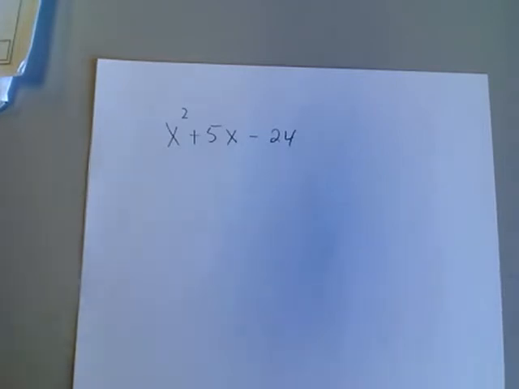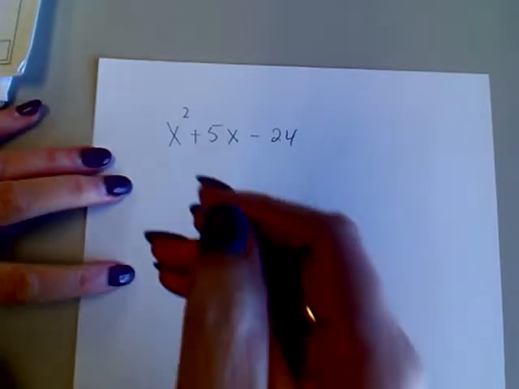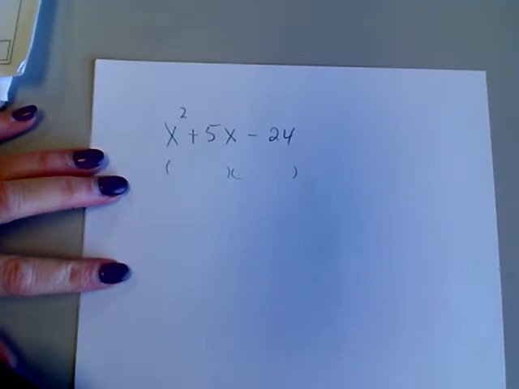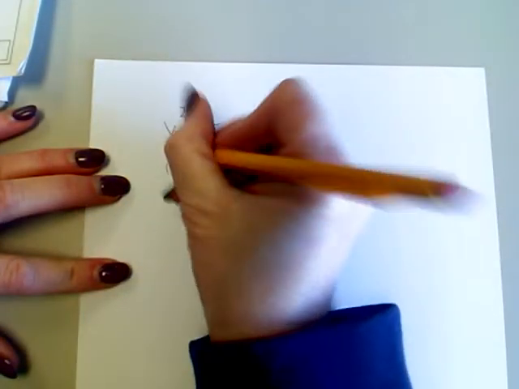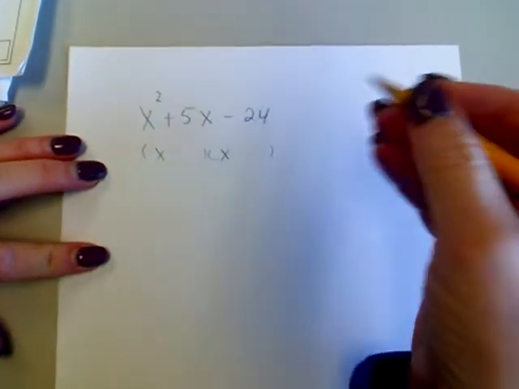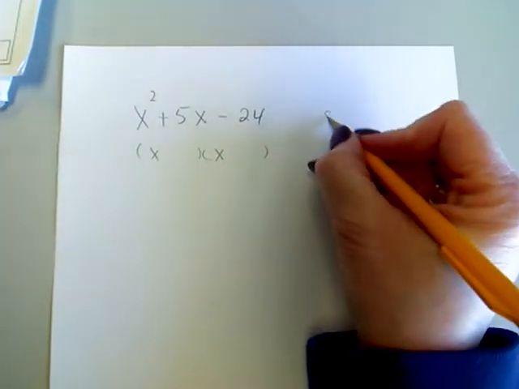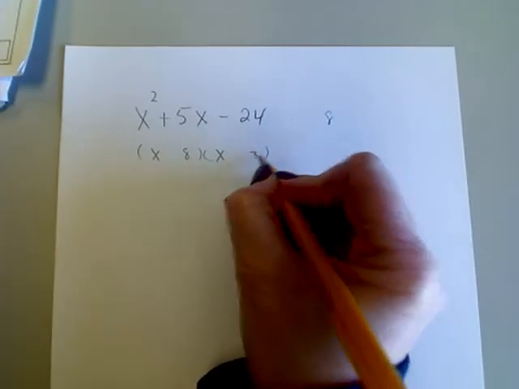So, again, you know two sets of parentheses. And you know the first term in those parentheses are going to be x's. What can I multiply to get 24? 8 and 3. So 8 and 3.